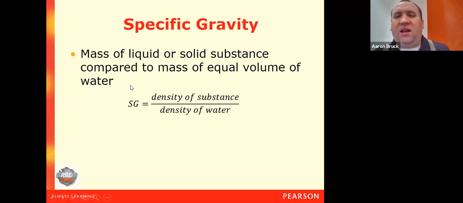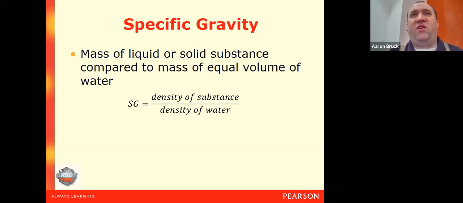Now, closely related to density is something called specific gravity. Since a lot of our chemical reactions, and a lot of everything that we encounter, is done in water, specific gravity gives us a way of comparing substances and their densities relative to that of water.